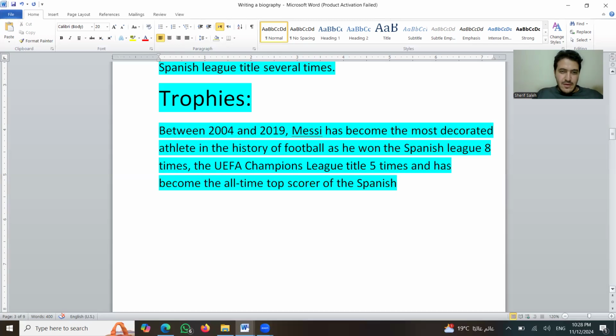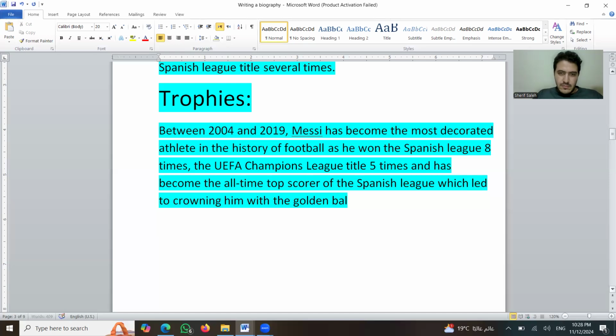The all-time top scorer of the Spanish league, which led to crowning him with the golden ball 8 times as an unbroken record.